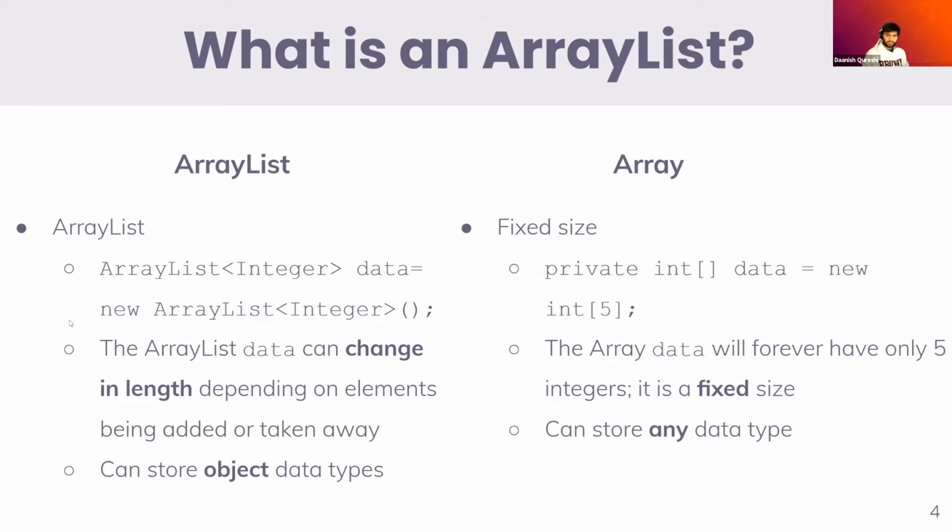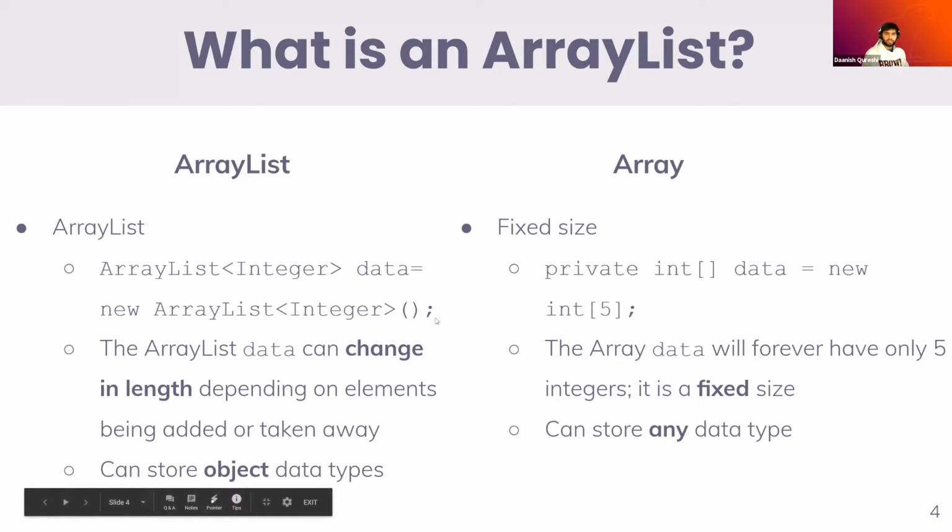The array list data can change in length, right? We talked about how the array can only stay at 5 total integers, but the array list can hold as many integers or as few integers as you want, depending on whether the programmer wants to add or remove. And array lists store objects or classes.